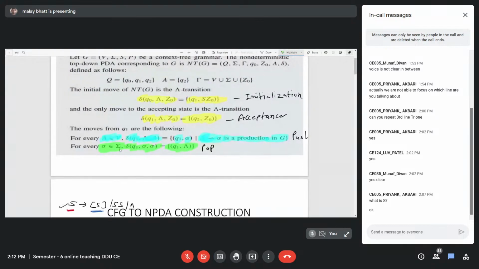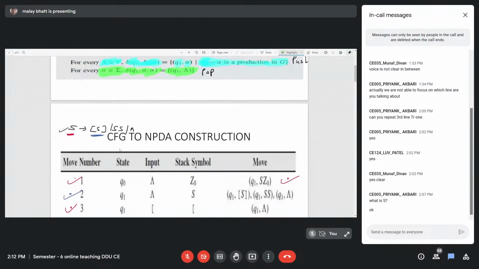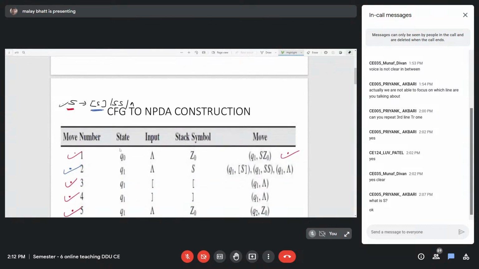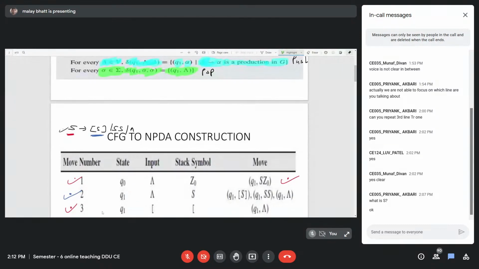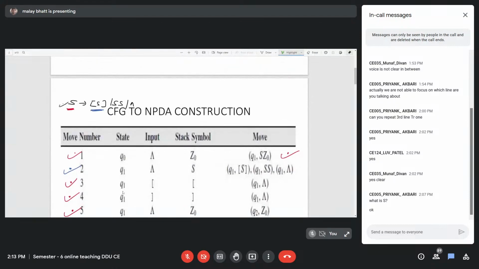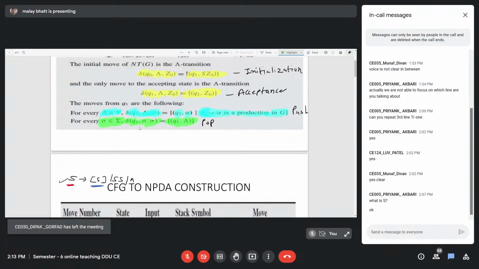So it is for every terminal symbol of the grammar. As you can see here, we have a terminal symbol, the opening bracket. Another terminal symbol is the closing bracket. So we have to apply this rule two times. So it is Q1, opening bracket, because what is the rule? Q1, small sigma.